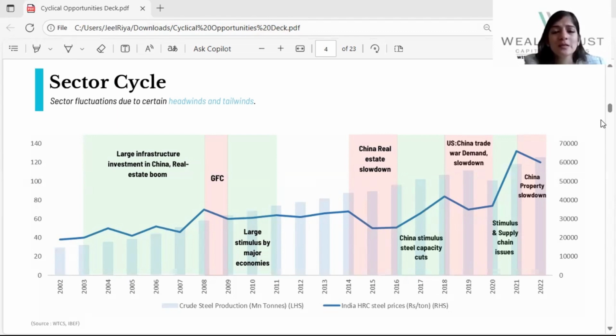If you look, the demand has kept increasing, which is the blue line. But when you look at the graph, what are we seeing? The graph shows that the demand keeps increasing. The demand has not reduced over the years.